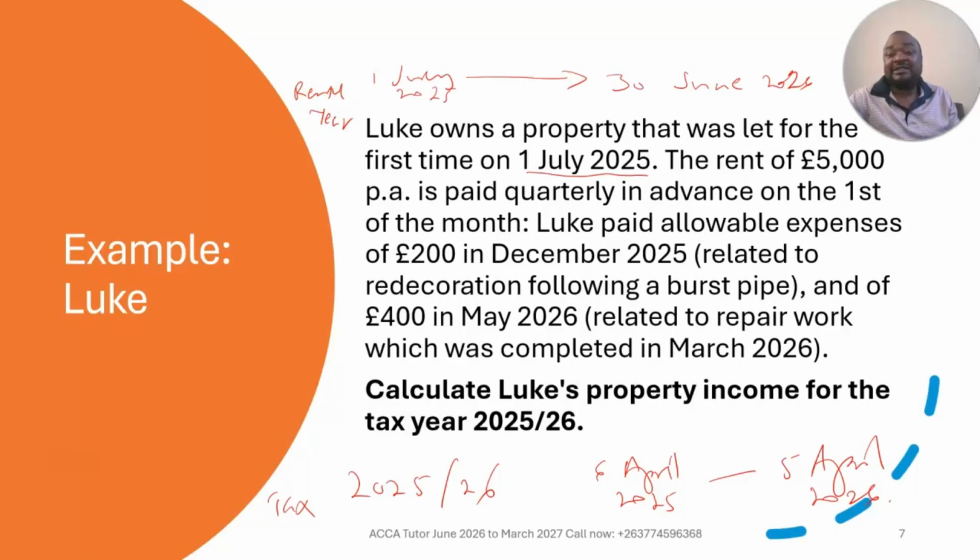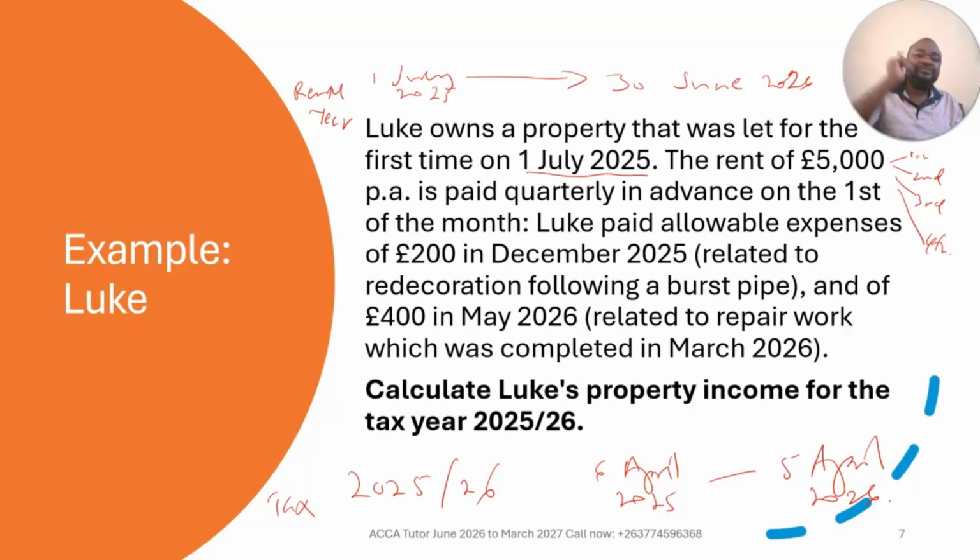So you as the tax practitioner, you need to ensure that these figures do not conflict. Now, let us get back. We understand that there are 4 payments which relate to this 5,000: the first quarter payment, second quarter, third quarter, and fourth quarter. All these are going to be applicable.